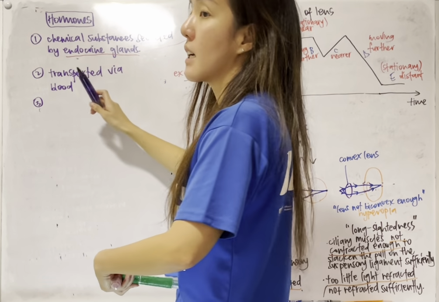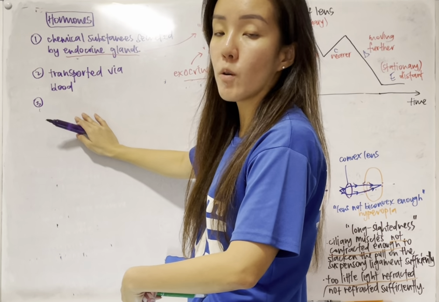They can affect the activity of one or more target organs in high amounts or small amounts? Small. Yes, so they affect the activity of one or more target organs in minute amounts.